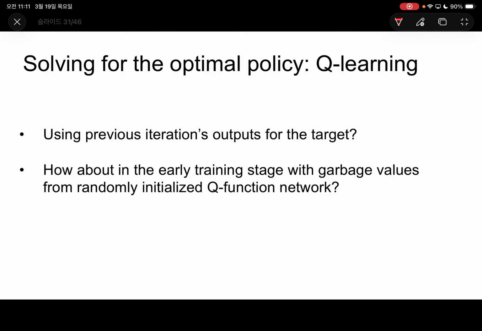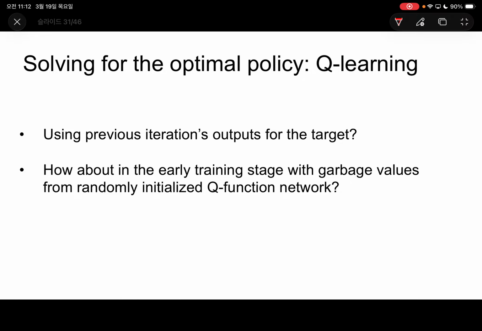As I introduced, we use the previous iteration's output for the target, and that definitely looks very fragile. How about the early training stage with garbage values from randomly initialized Q function networks? The training strategy of this DQ network is that we use the network's output to supervise the output.